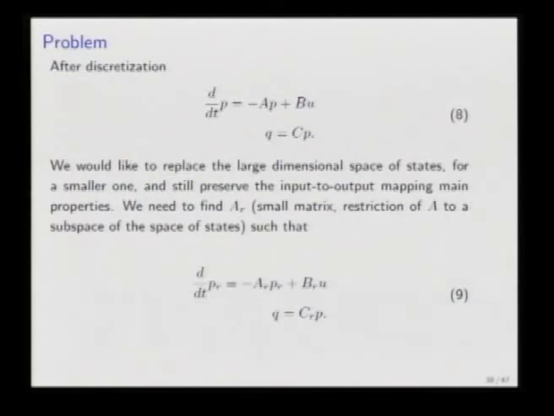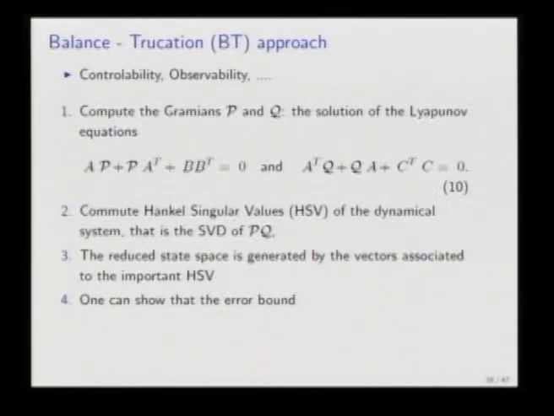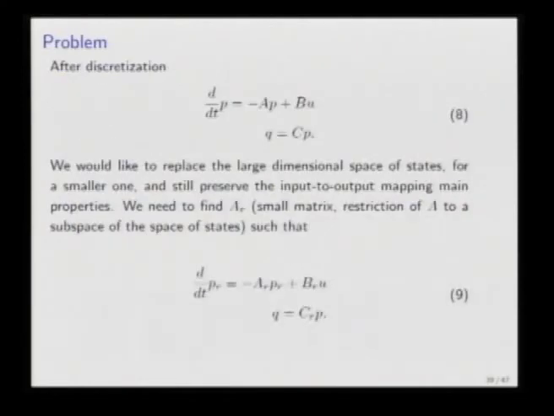So what people do in balanced truncation to simplify that mapping is compute two Gramians, P and Q, that are solutions of these Lyapunov equations, and then they compute some singular value decomposition of this matrix, right? And then the important eigenvectors or singular values of this matrix are the space where they can project this equation, right?